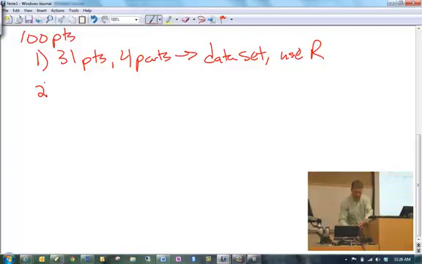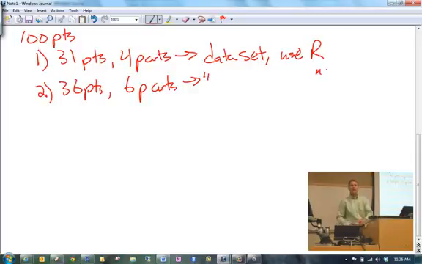Problem number 2 is 36 points. There are 6 parts, and it's the same kind of format. I'm going to give you a data set. You're going to have to use R to help you answer questions corresponding to that data set.